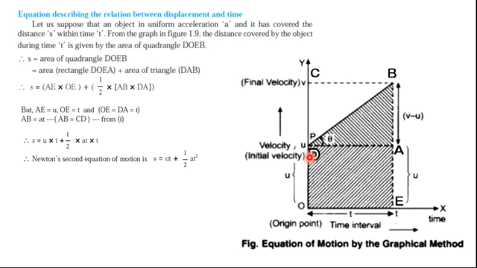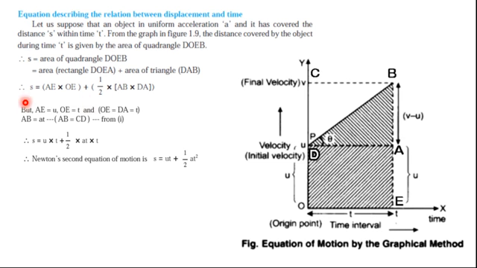So S is equal to the area of quadrangle DOAB, which is equal to the area of rectangle DOEA plus the area of triangle DAB.